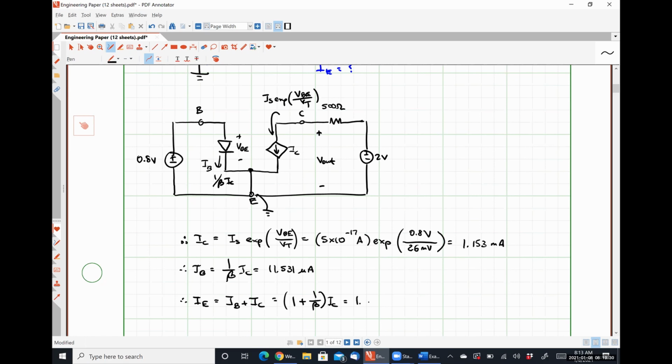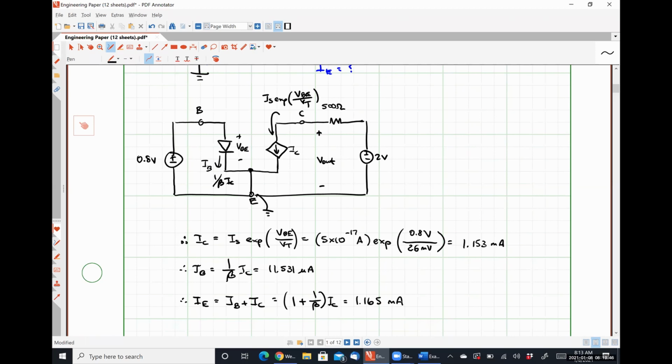And plugging in, we get 1.165 milliamps. So all of our transistor currents here, pretty easy. Once we know IC, we can get all of the other ones extremely easily.